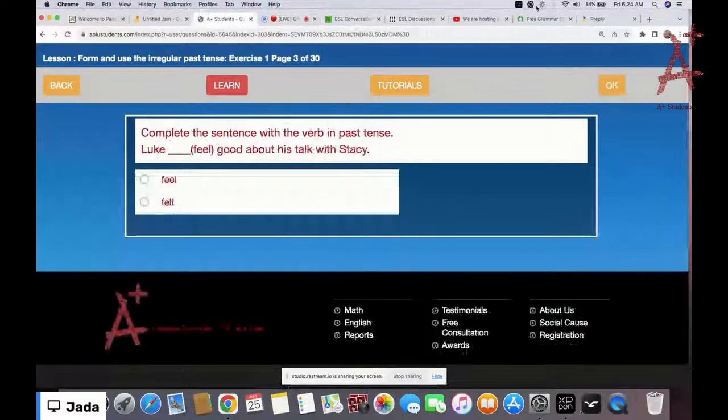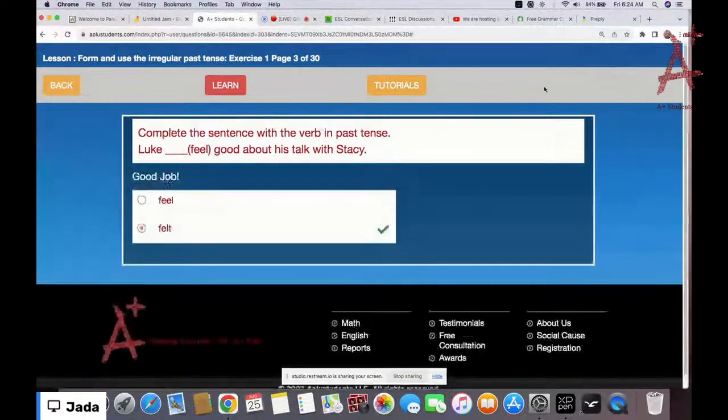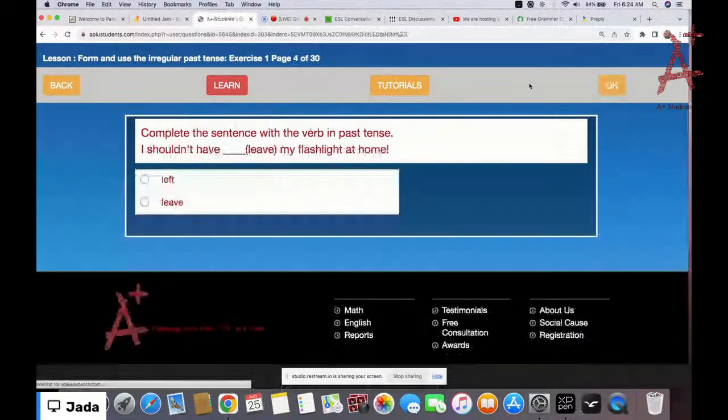Luke felt good about his talk with Stacy. Felt. I shouldn't have left my flashlight at home. I shouldn't have left. Leave is left.